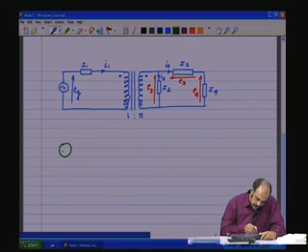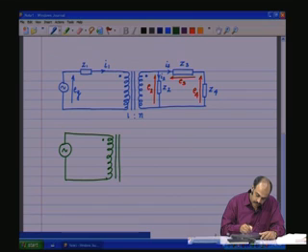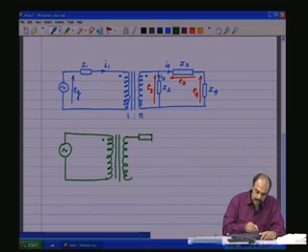There is an Eg, core, secondary windings, and there is an impedance which is shifted from the primary to the secondary, and the rest remains the same.